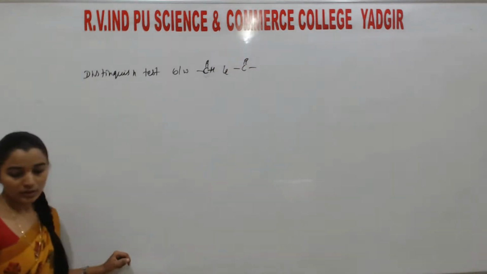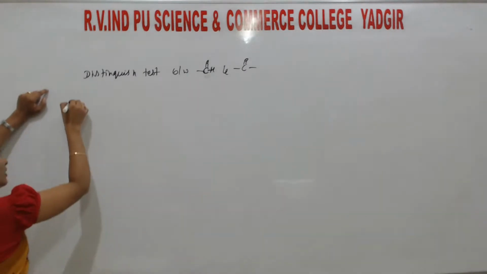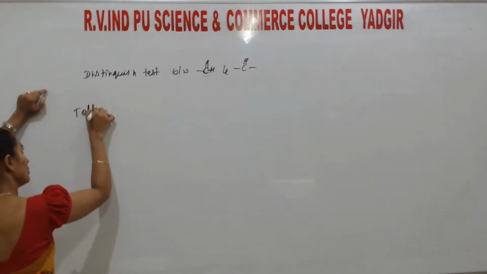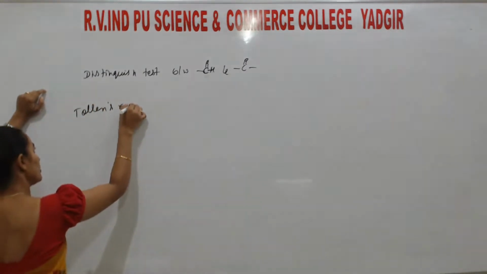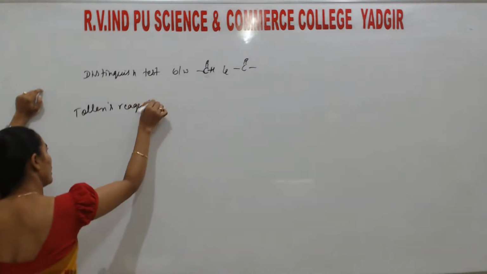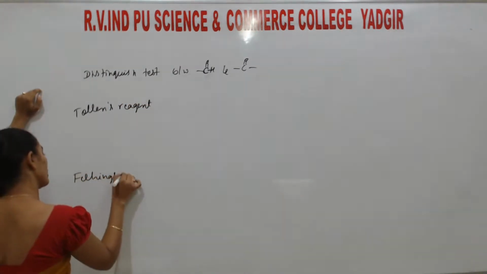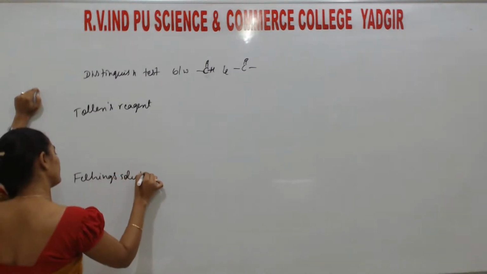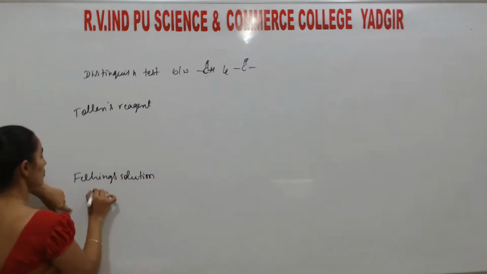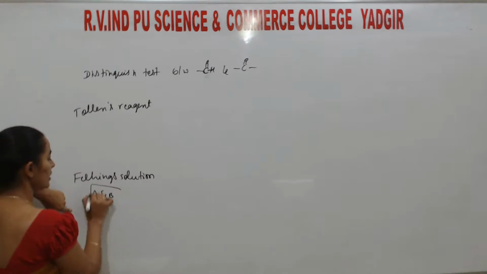So students, two reactions are there. One is Tollens reagent, another one is Fehling's solution. So Fehling's solution A and B is there.